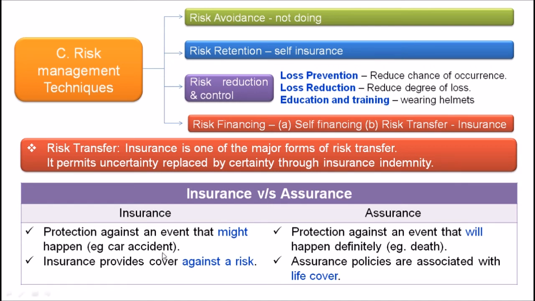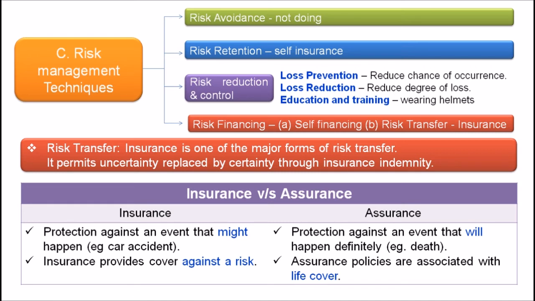For example, insurance provides cover against a risk. Insurance works only if something happens. If you have taken insurance for your car, that works only when something happens, right? When there is a risk, then only it will work. Whereas assurance policies are associated with life cover.